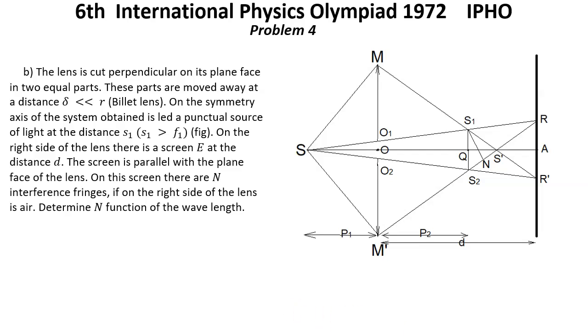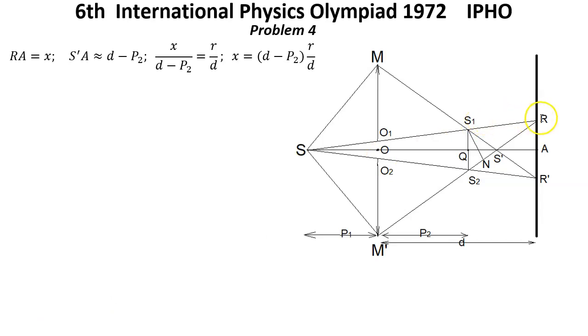Solution. In the case of a billet lens, S1 and S2 are real images of the object S, and they can be considered as coherent light sources. Now let's count what happened. Suppose that the distance from R to A equals x. In that case we can estimate S prime A, approximately equal to D, this distance from lens to screen, minus P2, this one.